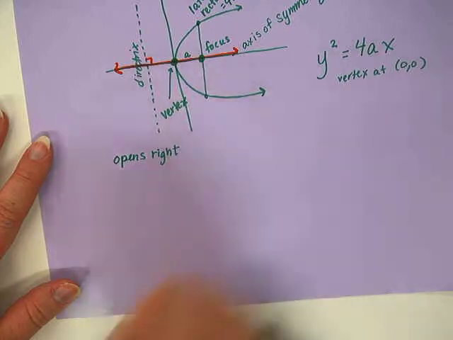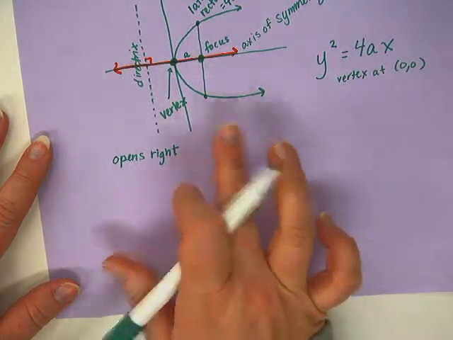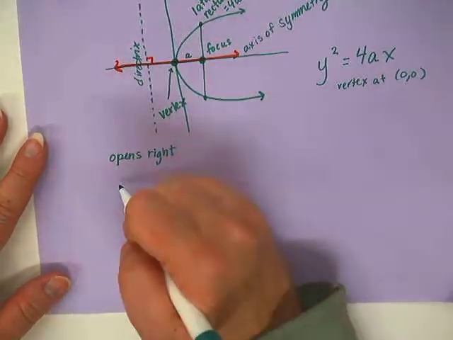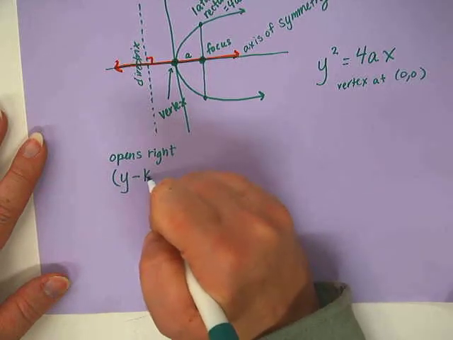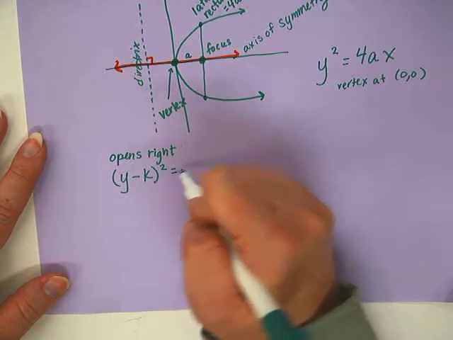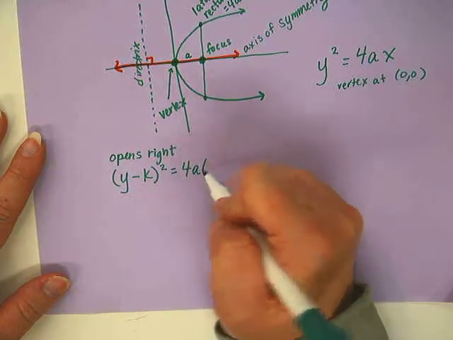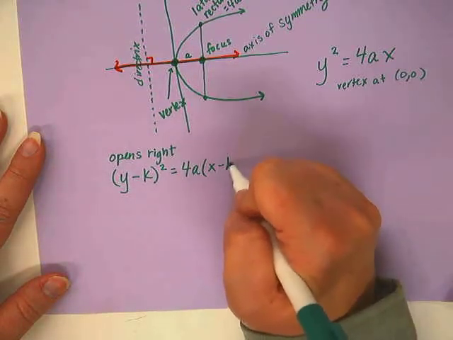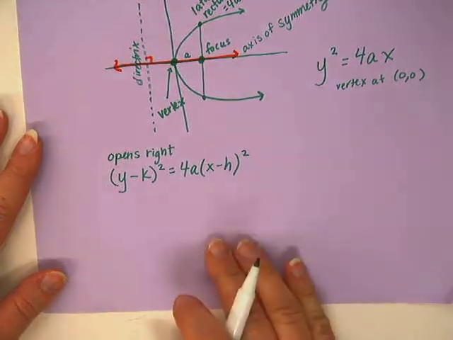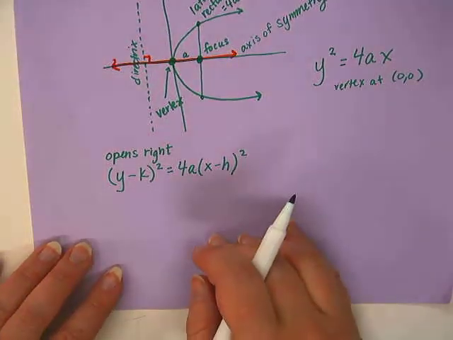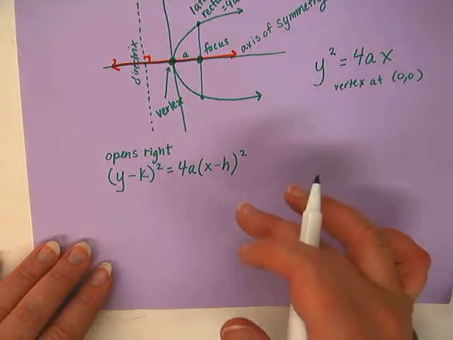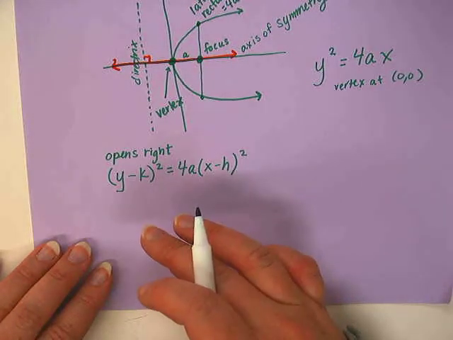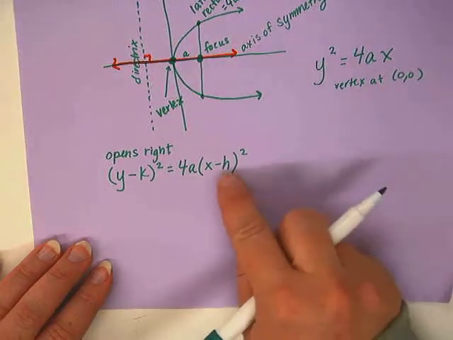Okay, so one that opens to the right would be like the one we just did, but we can do y minus k squared equals 4a times x minus h. Do you remember when we did circles that h and k were the center of our circle?